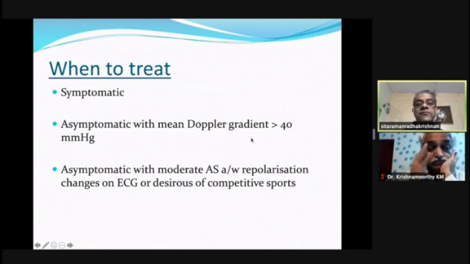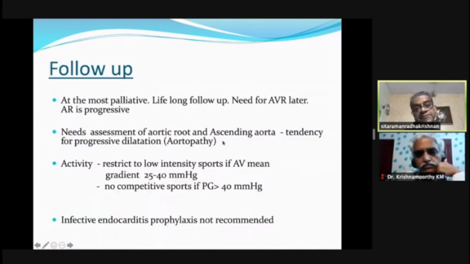But we do not wait for symptoms in the pediatric population because probably they are so active in life, there is a chance of sudden cardiac death in this group of patients, unlike that of adults. So we insist that even if they are asymptomatic, a mean Doppler gradient of more than 40 is an indication for treatment.